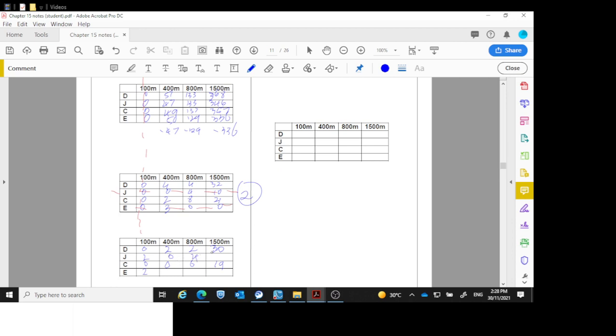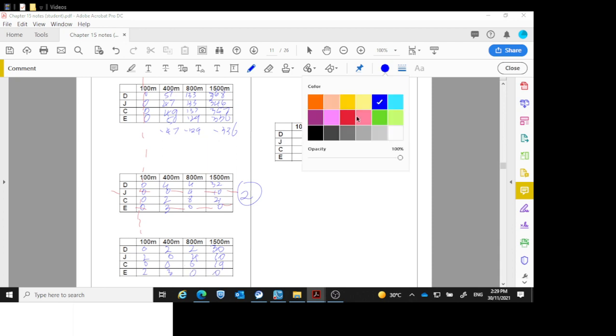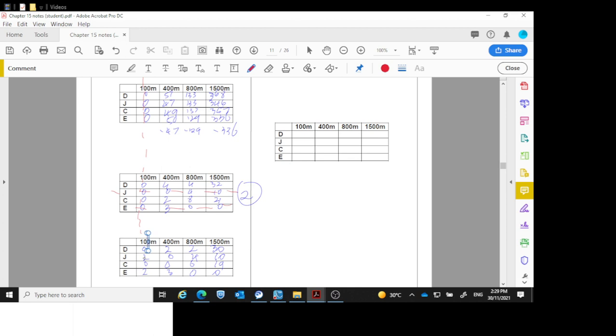That 4 stays as 4. This stays as 10. 3, 0, and 0. 2 lines down here, 2 zeros down here, and 2 zeros across here. So I've got 3 only.